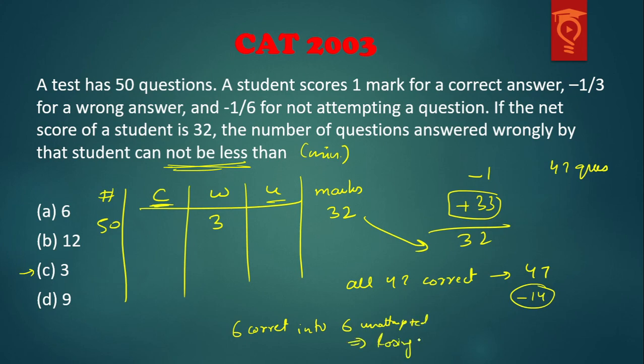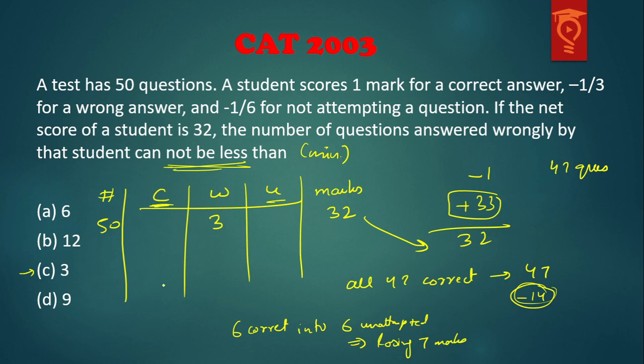So I think it is working out because I was supposed to lose 14 marks. So I think 12 questions should be converted. So out of 47 correct answers which I was giving, I need to lose 12 of them and let them be unattempted. So this way I get to know the number of correct answers, which is 35, the number of wrong answers which I have already taken as 3, and the number of unattempted questions also I get to know as 12. Okay, so this is one approach.